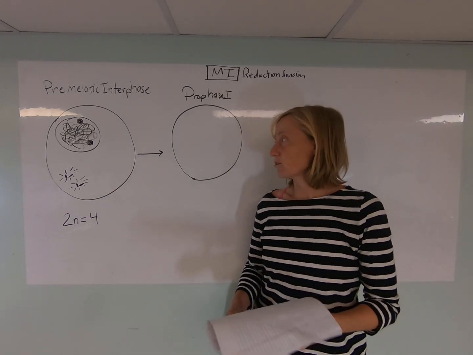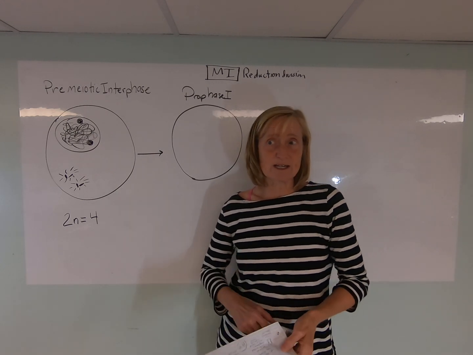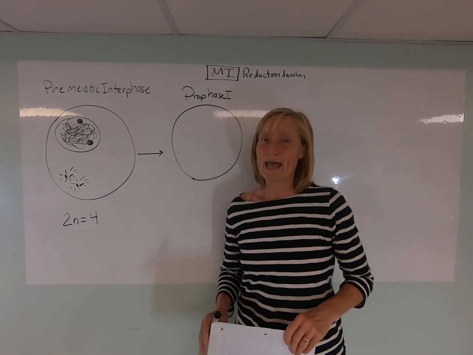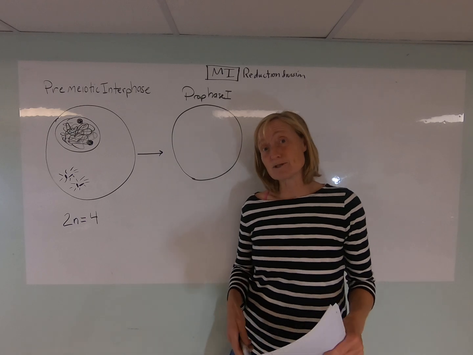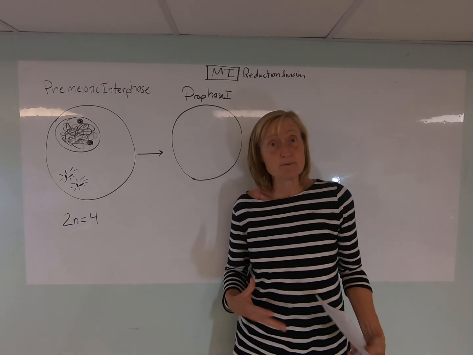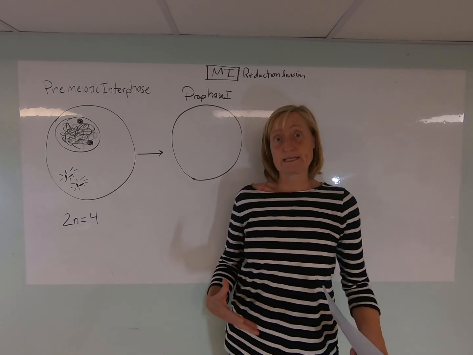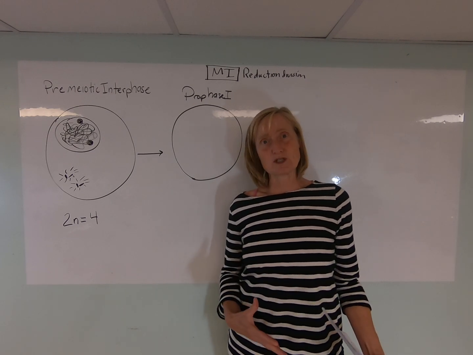This is a very long phase. First of all, in human females, this phase can last upward of 50 years. That's crazy, right? Well, what happens in girls who aren't even born yet is some of their cells in their ovaries start to go through meiosis, and they stop in prophase 1. There might be 400,000 of these cells that have started meiosis, started prophase 1, and then just stop.